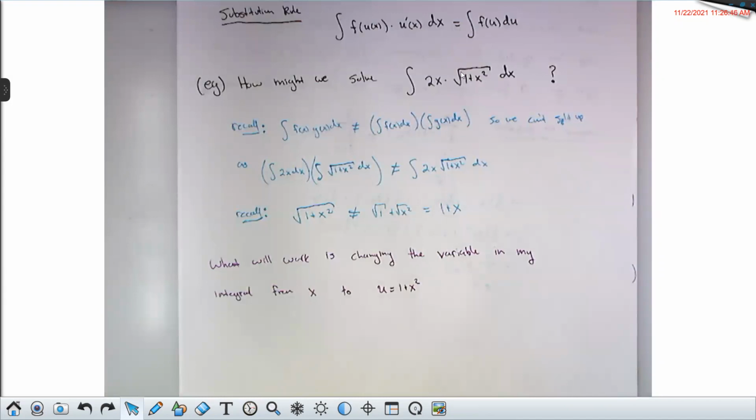Because when I do that, this piece is going to be u. So this big scary square root will just become the square root of u. And what we'll see is that this 2x and this dx interact with the new differential du.